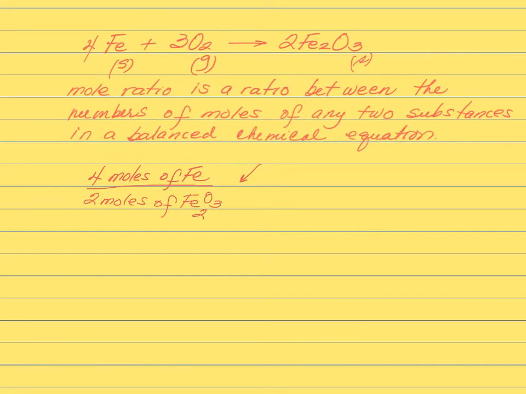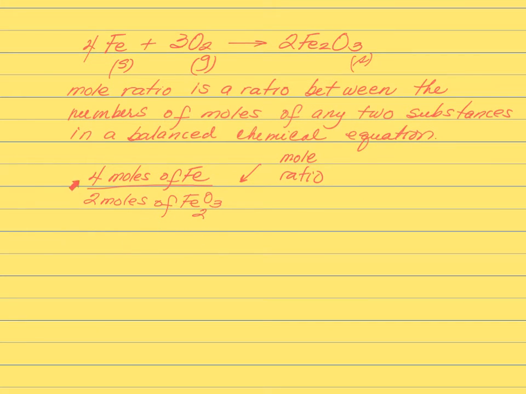This is an example of a mole ratio. Why? Because it is the ratio between the number of moles of any two, in this case one of the reactants and the product, any two substances in a balanced chemical equation. So for 4 moles of iron, I'm going to be able to produce 2 moles of iron trioxide.